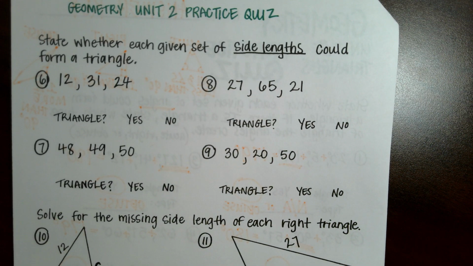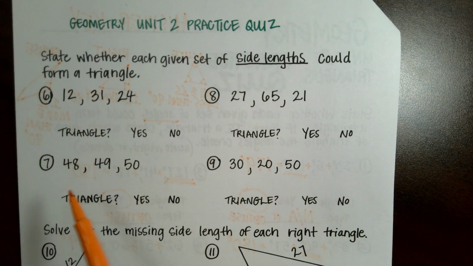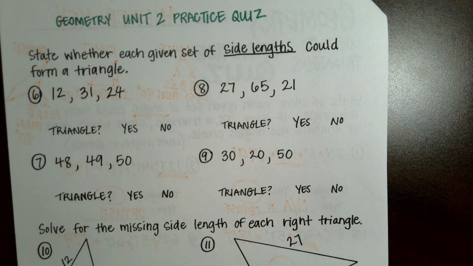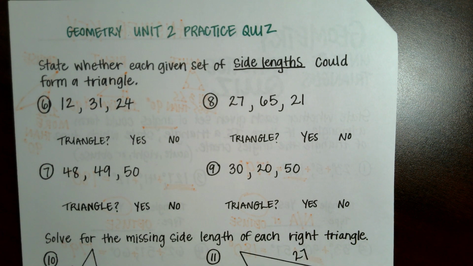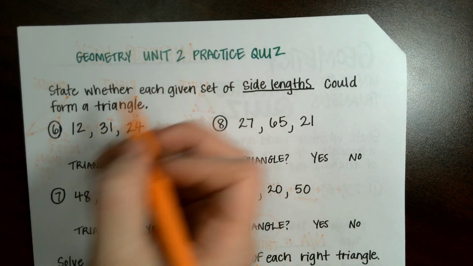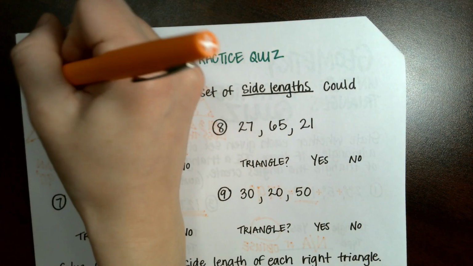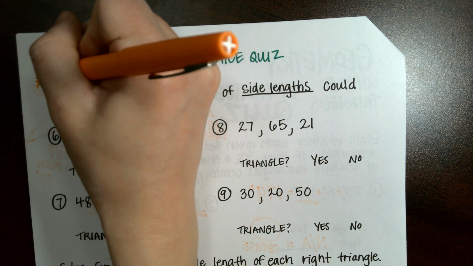Okay. Perfect. Now we're looking at side lengths. For number 6, 7, 8, and 9, we are given sets of three side lengths, and we have to figure out if they could form a triangle or not. How do we figure that out? If the two sides are greater than the biggest number. Yes. So we want to add together the two smaller sides. I'm going to make a note of that on my quiz.